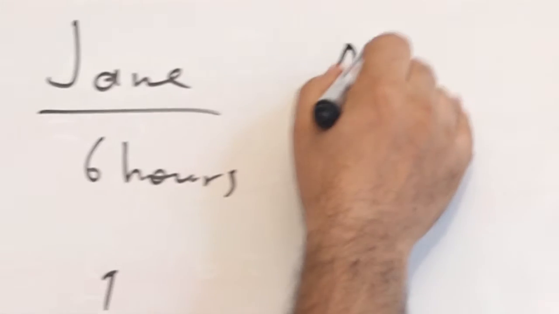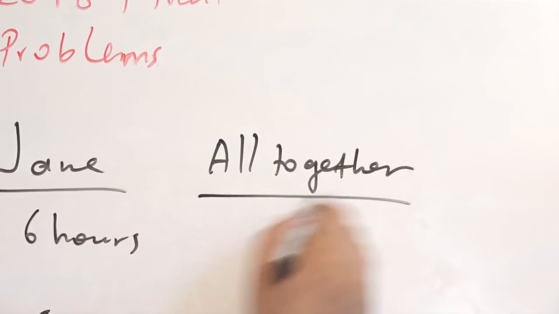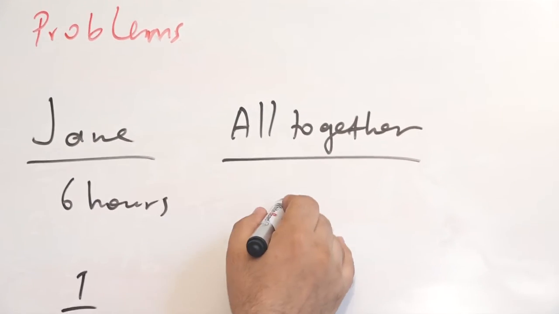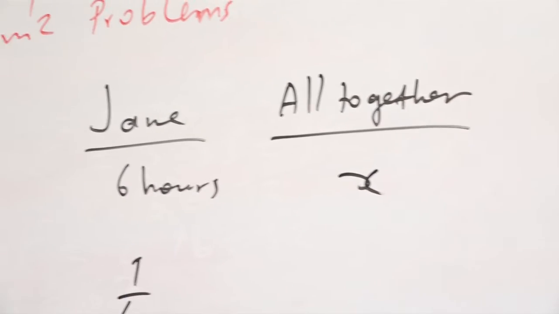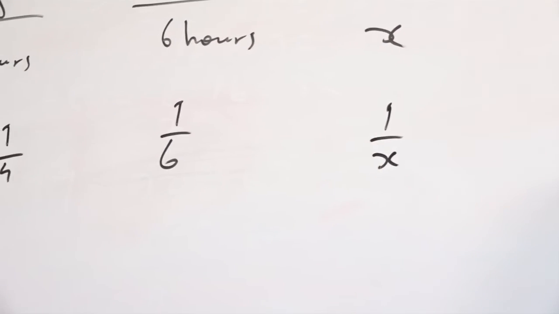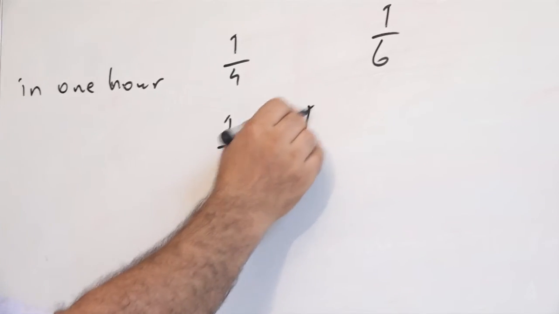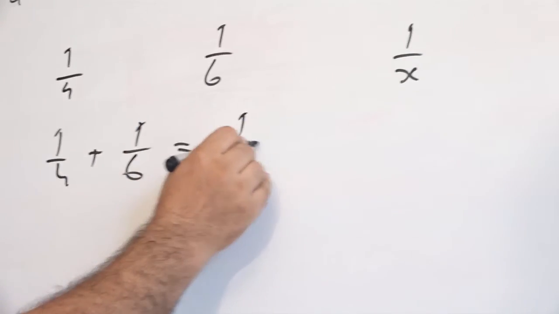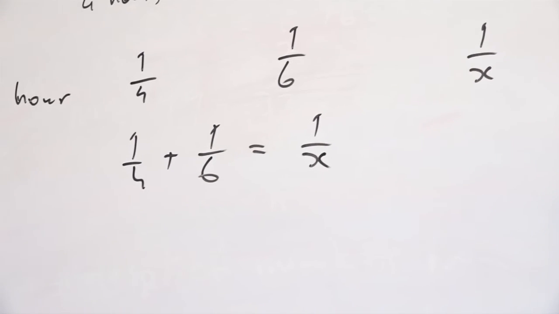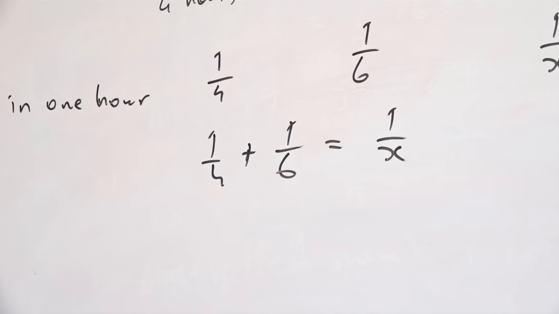Altogether, if we say they finish in X hours, so they will finish 1/x of the work in 1 hour. So if we add 1/4 plus 1/6 is equal to 1/x, now we have an equation in one unknown. So we will solve.